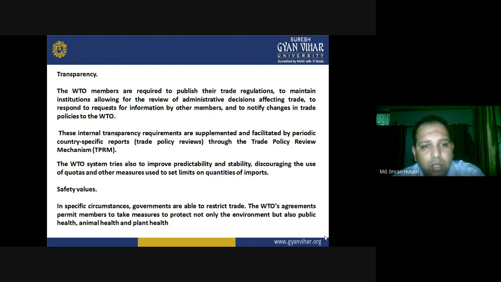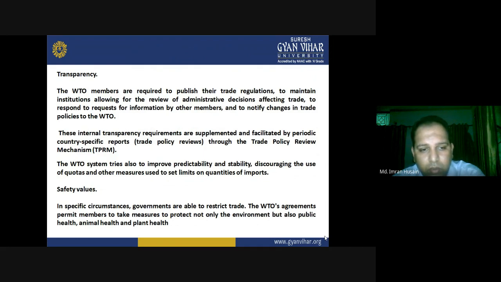These internal transparency requirements are supplemented and facilitated by periodic country-specific reports that include trade policy reviews through the Trade Policy Review Mechanism (TPRM). The World Trade System also tries to improve predictability and stability, discouraging the use of quotas and other measures used to set limits on quantities of imports.